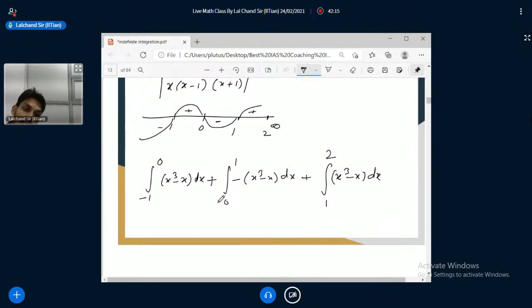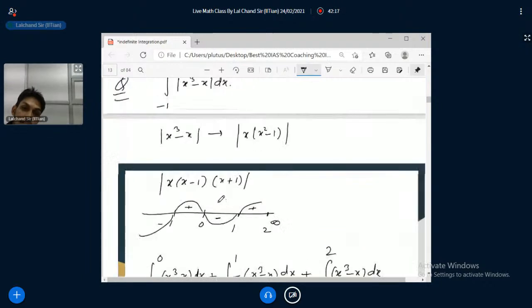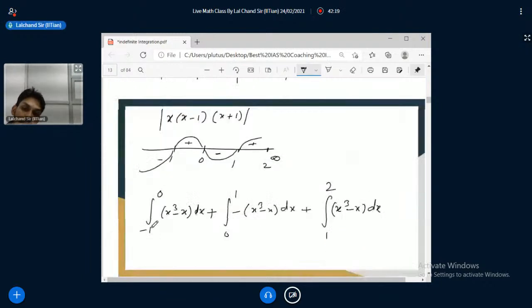Can we write it like this? This mod equation can be opened like this. Are you following? How to open mod equation?